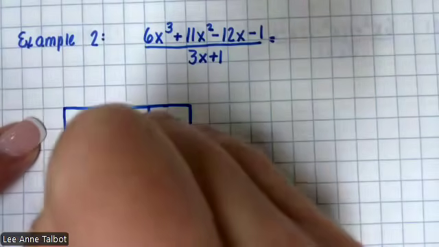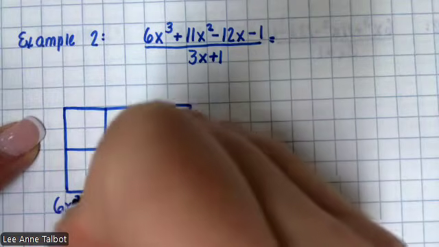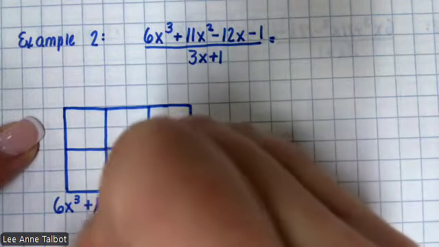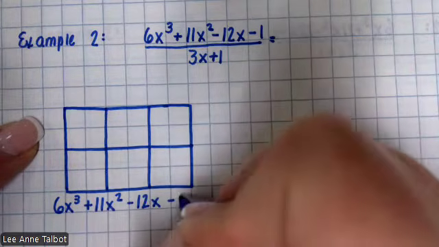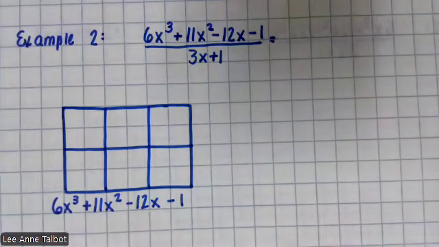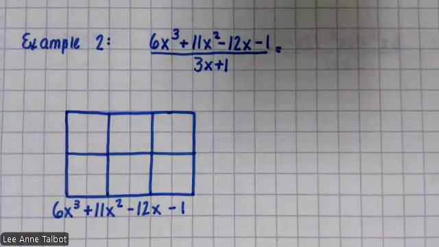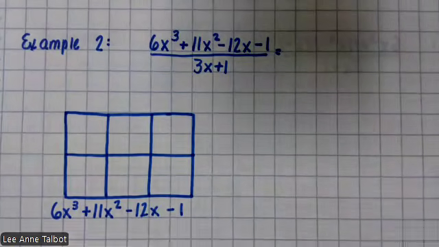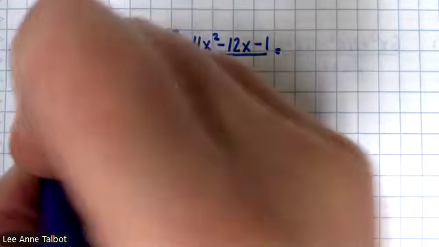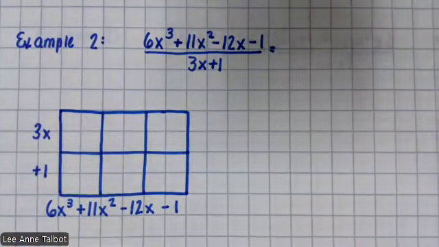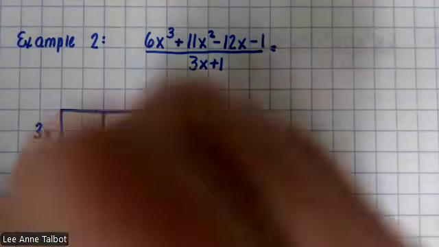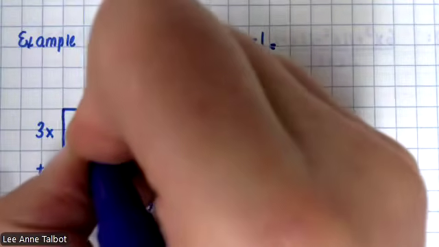Okay. 6x cubed plus 11x squared minus 12x minus 1. No missing terms on that one. Don't have to worry about any zero anything. Divided by 3x plus 1. Okay. First box, 6x cubed.